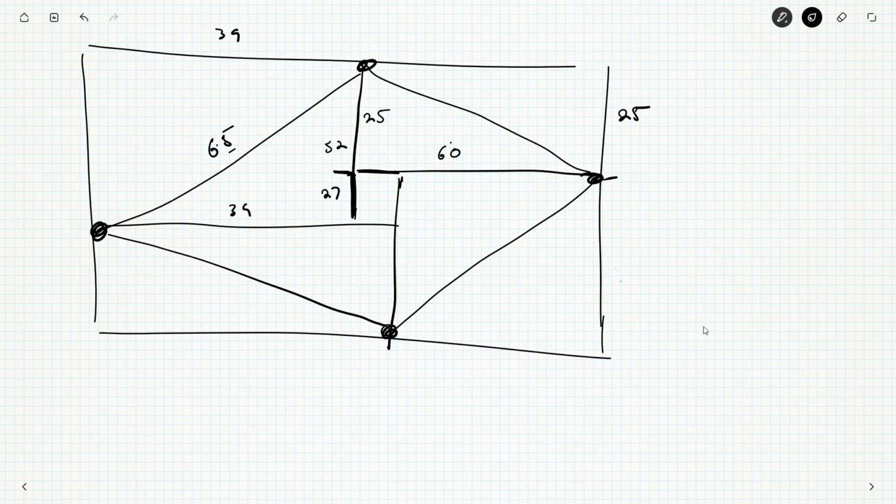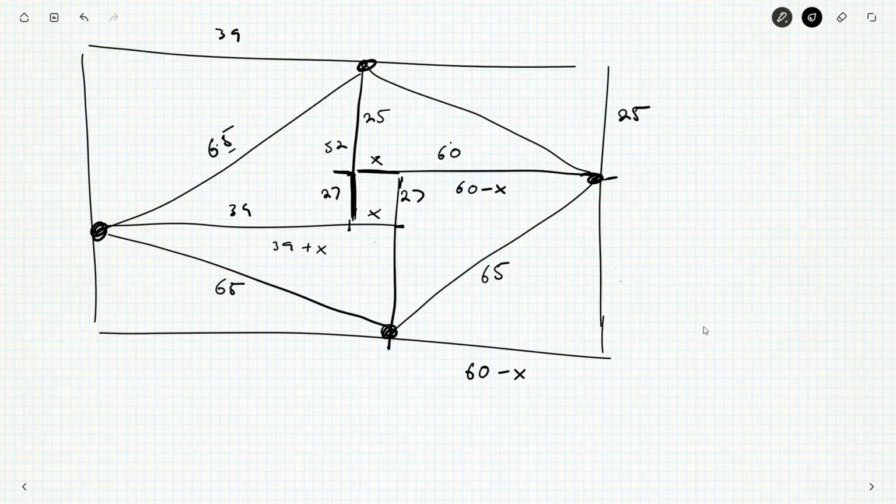So 39, and then plus whatever, we'll call this x. X is what I'm missing. So we got 60 minus x here. And a 65, and this is 60 minus x, and this is 39 plus x on this side. This is 27, and we got a 65 here.